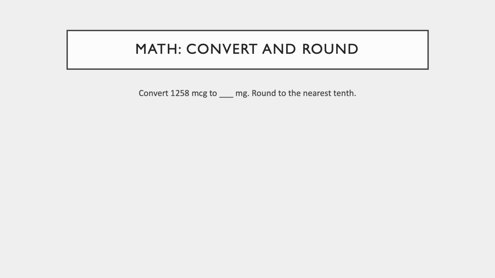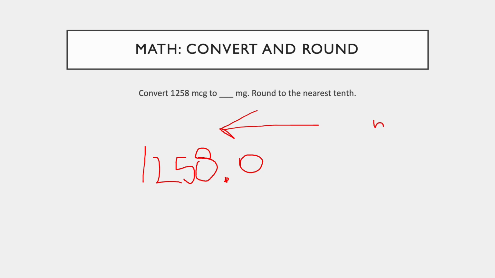And I think this is our last one. So we're going to convert 1,258 micrograms to milligrams. We need to do that first. So 1,258 goes like that. Cool. And there's a kind of a period and a 0 right here. Now, when we're going from micrograms to milligrams, we're going to go this way, because we're going from smaller, mcg, sorry, guys, to milligrams, which is bigger, so we're going this way.